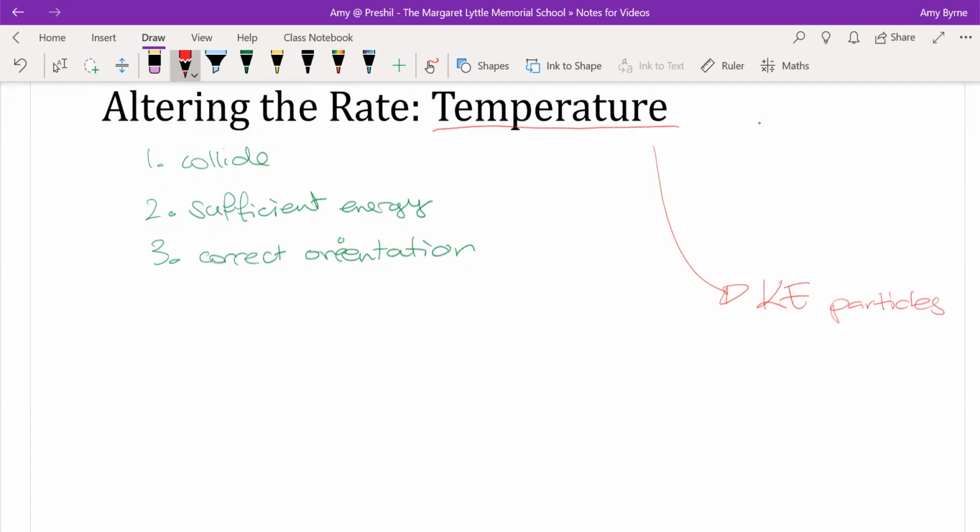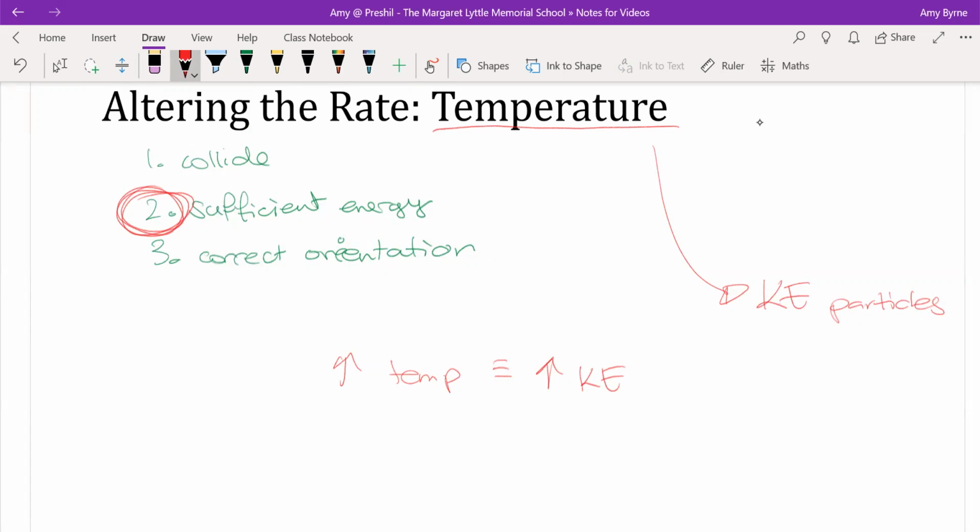But temperature is a measure of the kinetic energy of my particles. So at a high temperature, that is effectively the same as saying high kinetic energy, which means I am affecting this sufficient energy.